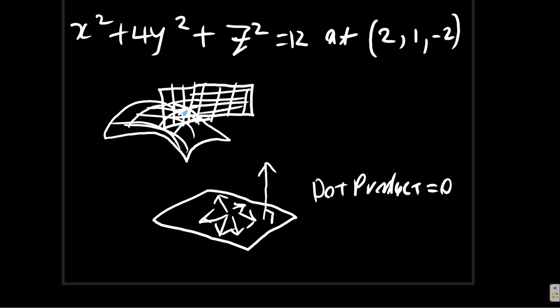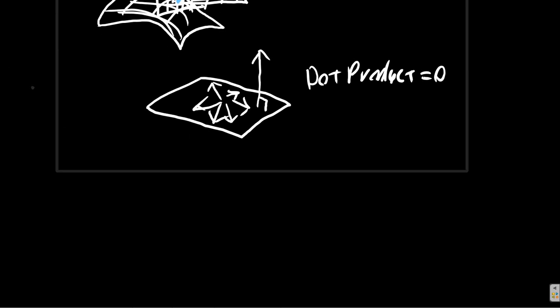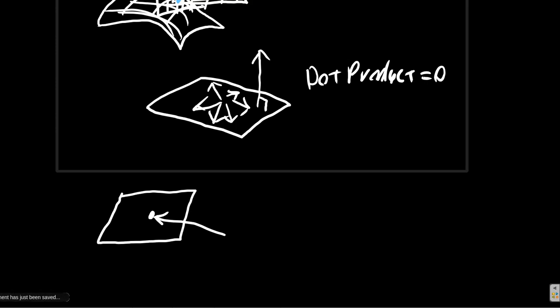Now, let's redraw this plane. This is our plane again. We have a specific point on the plane. Now, that point, let's just put an arrow on it. It is at x0, y0, z0.